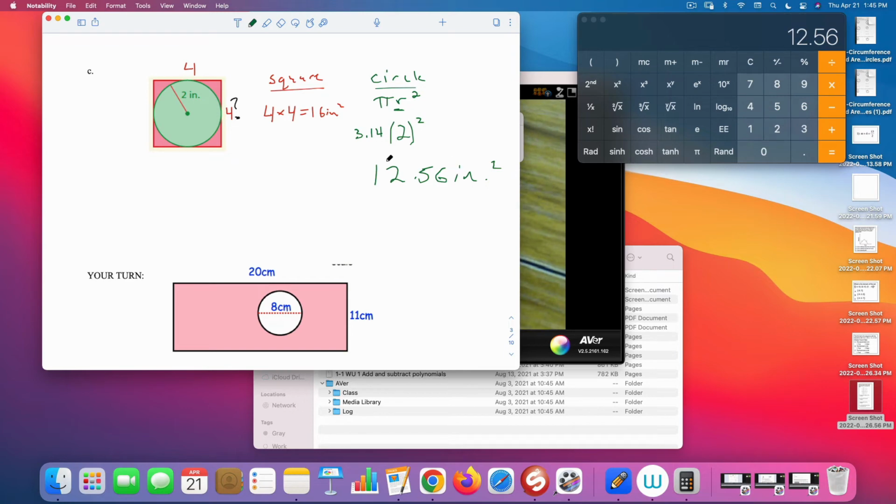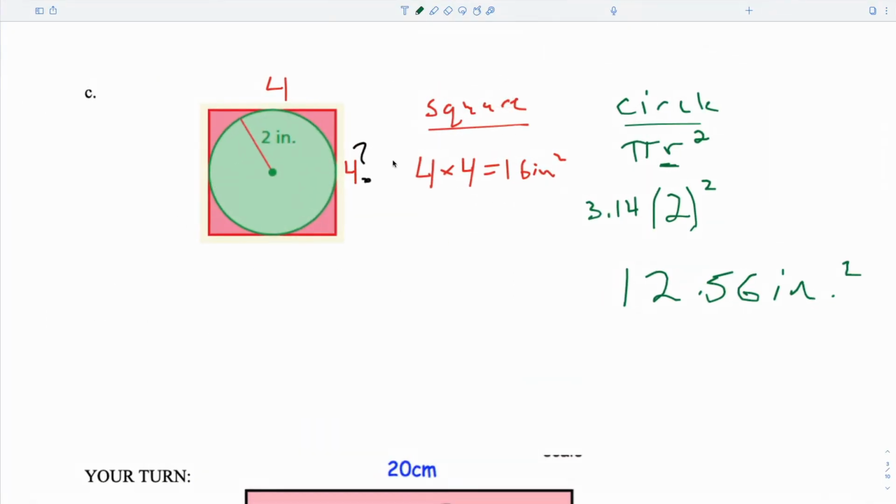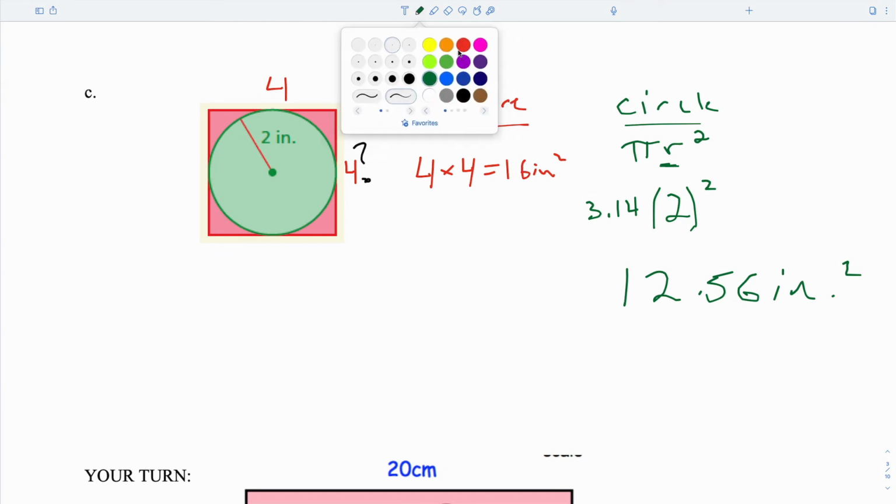Ashlyn, what do I have to do next to get the cutout part? You got it.